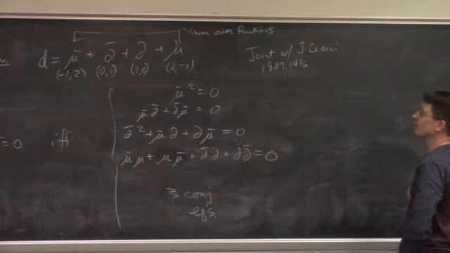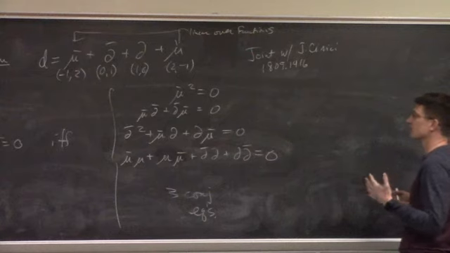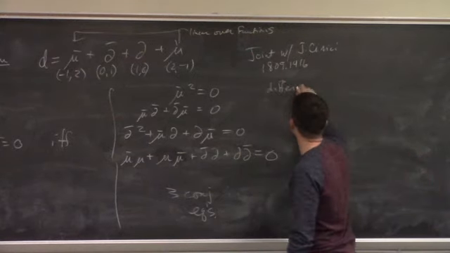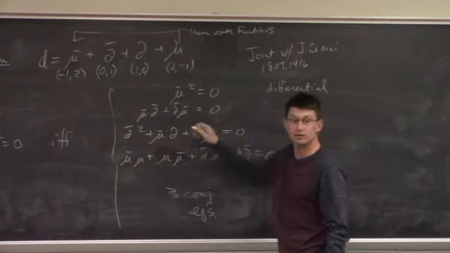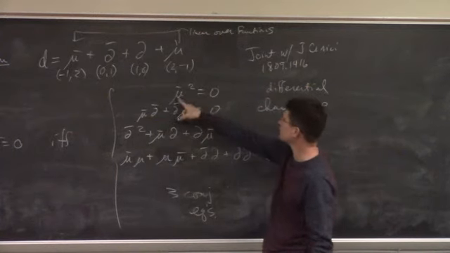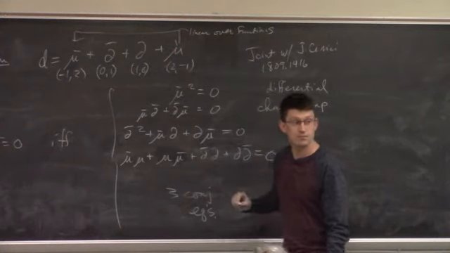When I look at these equations from an algebraic topology viewpoint, or just homological algebra, this one tells me that I have a differential. This one tells me that I have a chain map: with respect to the differential mu bar, del bar is a chain map.